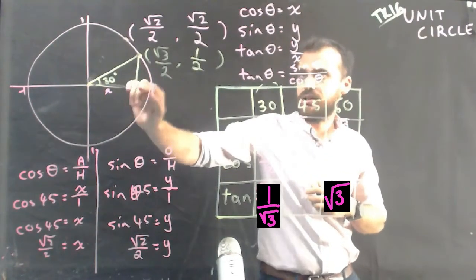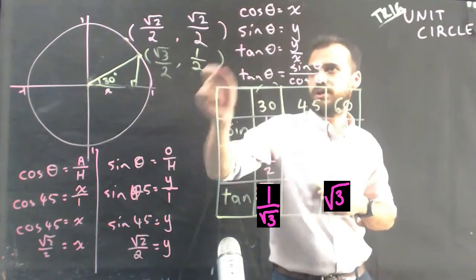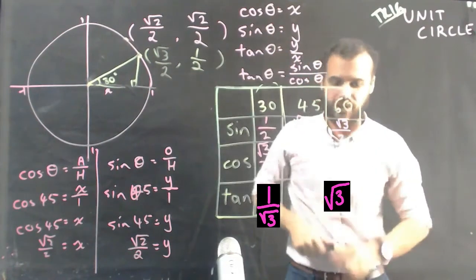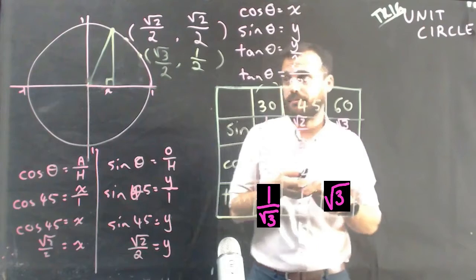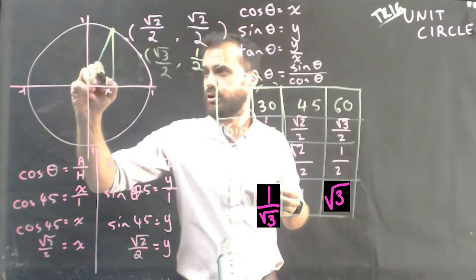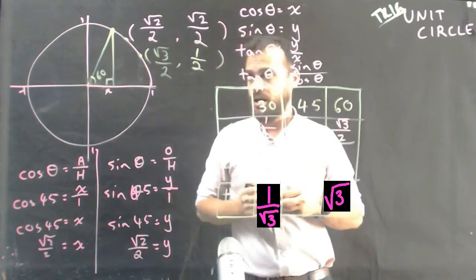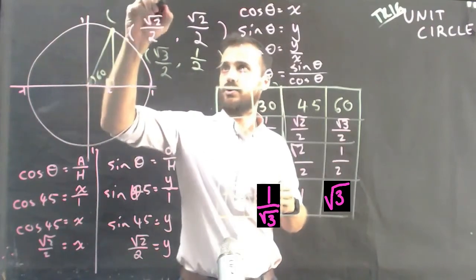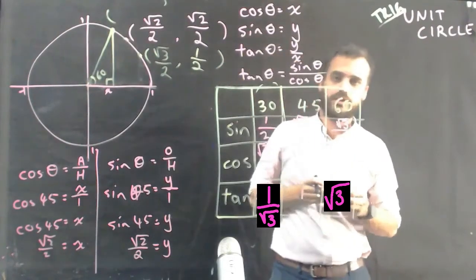Excellent. You can see that we can jump through this really quite quickly. We can find our dot here, and we know that cos theta is equal to the x value, and sine theta is equal to the y value. Now you can probably see this coming, but here I've drawn another triangle, 60 degrees, and I would like to know what its x coordinate is and what its y coordinate is.